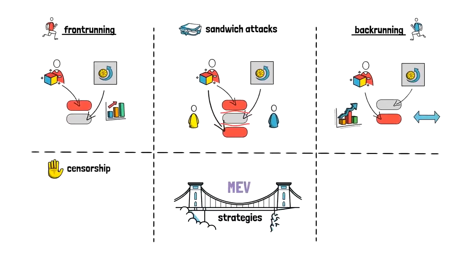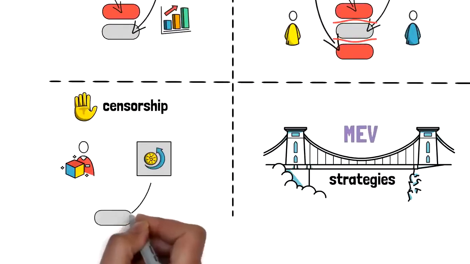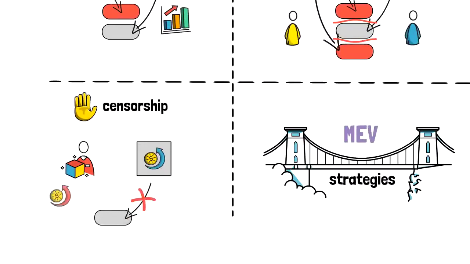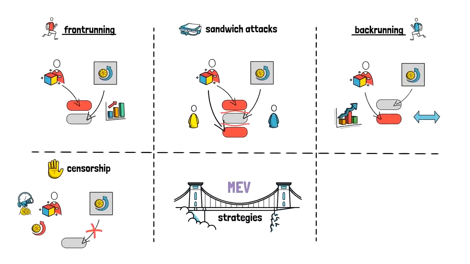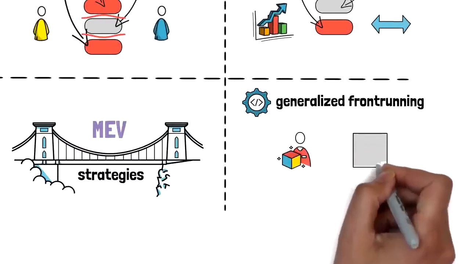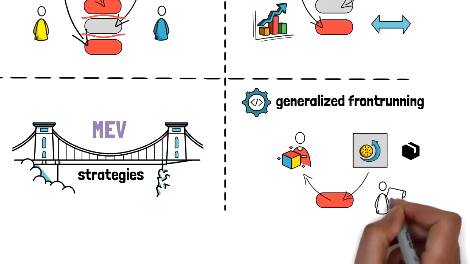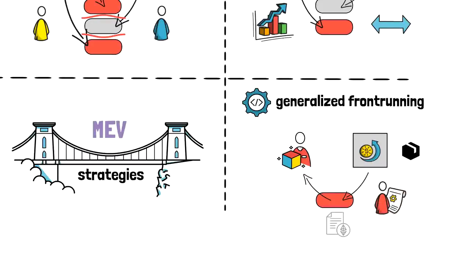A proposer could censor transactions to benefit from MEV elsewhere, demanding higher fees, or manipulate oracles. Generalized front-running. A proposer could execute any profitable transaction for themselves, even without fully understanding the transaction content. This strategy is possible by simulating transaction execution and determining if the caller of a given smart contract method ends up with more funds than before the execution.